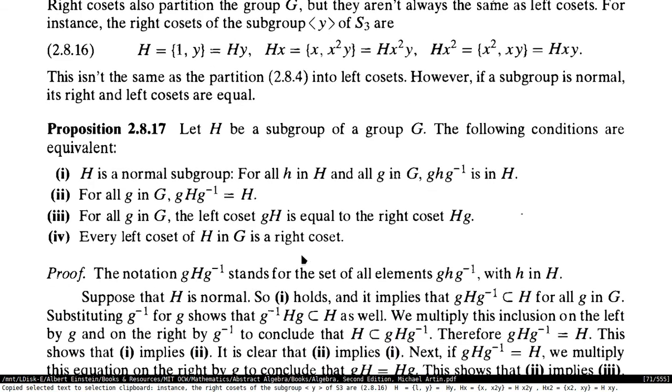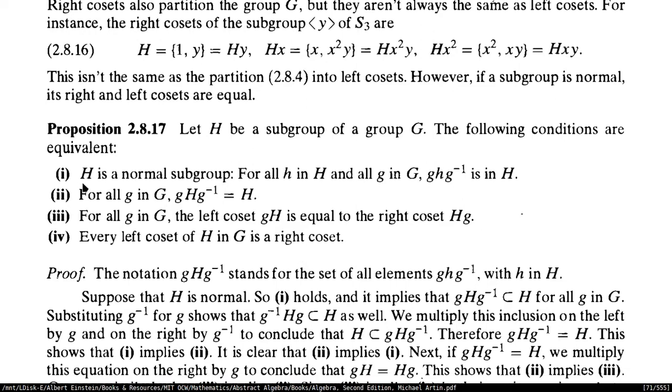So we have this proposition where these claims are equivalent. H is a normal subgroup, so for all elements h in H and all g in G, the conjugates of h with g are also in the subgroup.